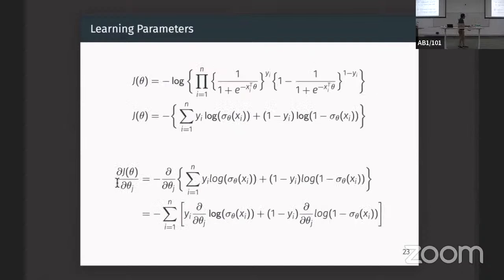Yi times log of sigma x theta, where sigma x theta is 1 over 1 plus e to the power minus xi transpose theta. So yi log yi hat plus 1 minus yi log of 1 minus yi hat. Cross entropy loss. Binary cross entropy loss.